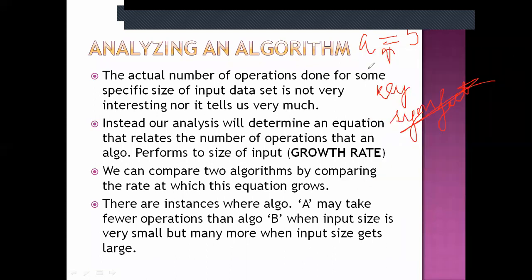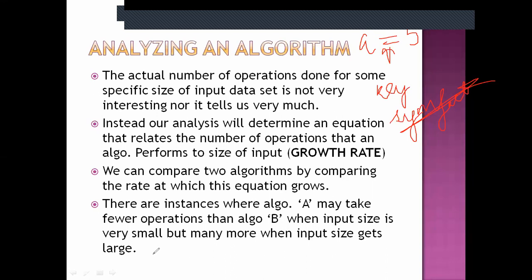Okay, so what I was saying, we don't need to take each and every operation, we need to take the significant operations. Now what's the meaning of the significant operation? Suppose some elements are given to you, and you have to search for a particular element, like we have already done linear search and binary search. Now in case of searching and in case of sorting, what is the main operation that we perform?